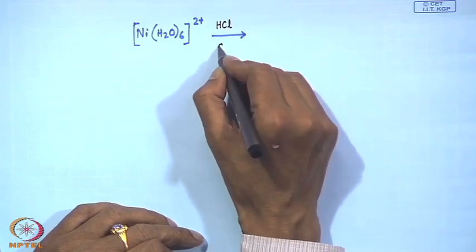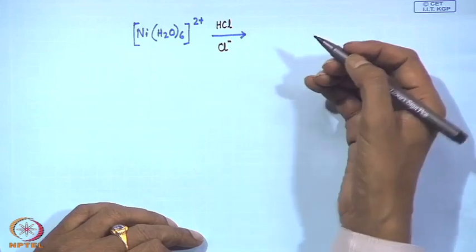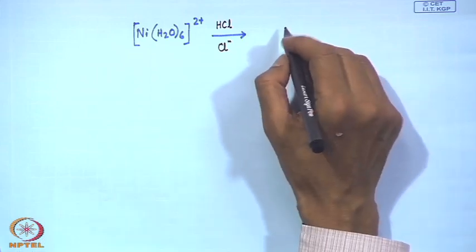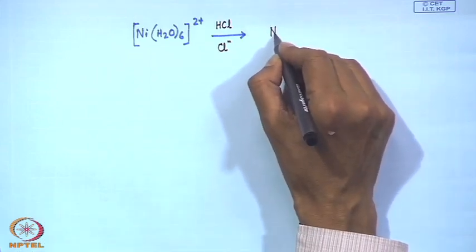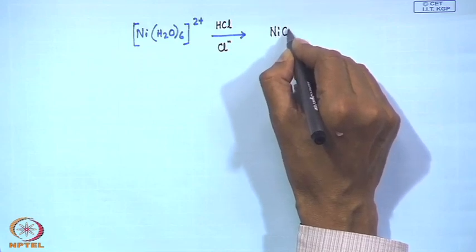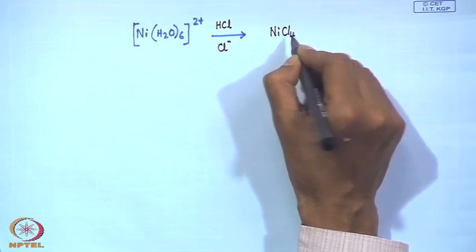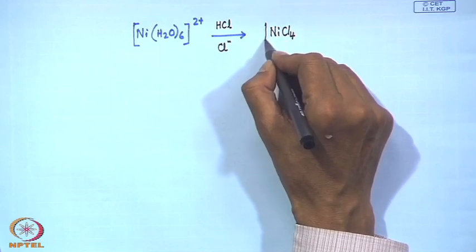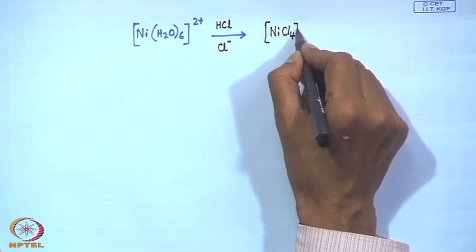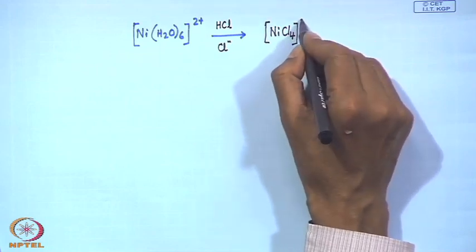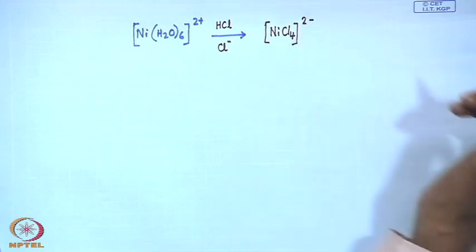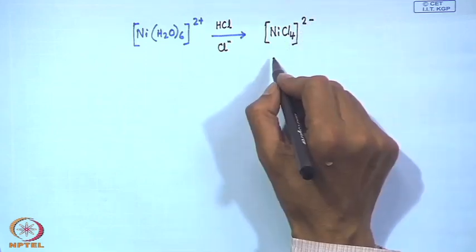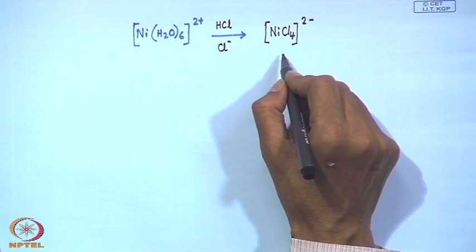HCl is providing the Cl minus ligand, and this ligand gives rise to 4 Cl minus groups around the nickel center. We get the corresponding tetrachloro complex.